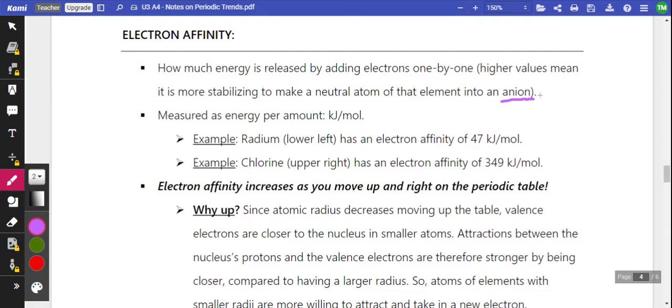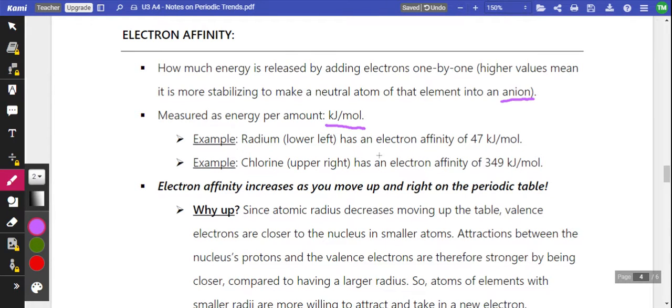Some people like to think of electron affinity as the opposite of ionization energy. Rather than seeing how much energy we have to put in to get an atom to release an electron, this is how much energy do we get back from the atom when we add an electron to that atom. We still measure this in terms of energy per amount, kilojoules per mole.